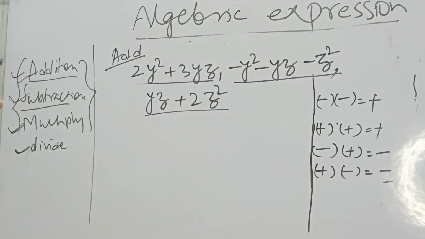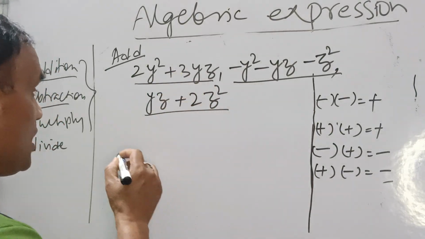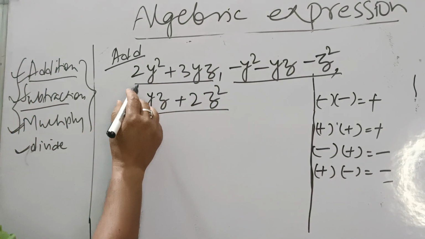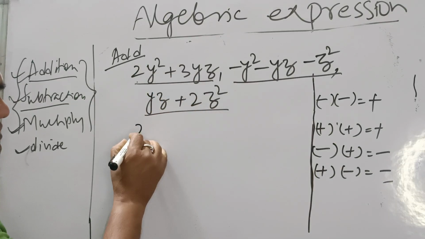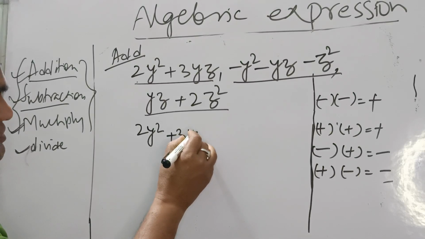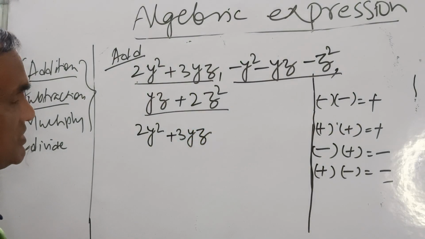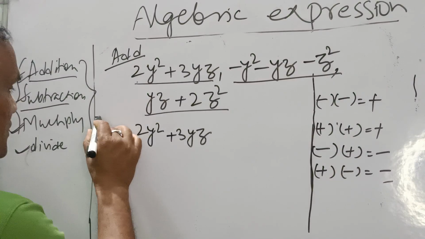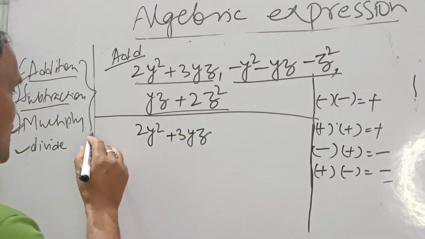Again we'll arrange it in the column method. First of all, we'll write the first term, that is 2y square plus 3yz. Gentlemen, just watch this very carefully and try to understand it. The solution starts from here.